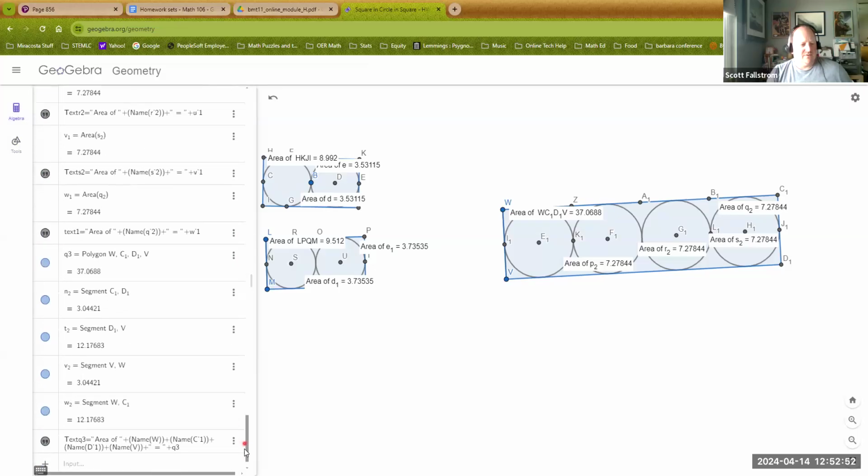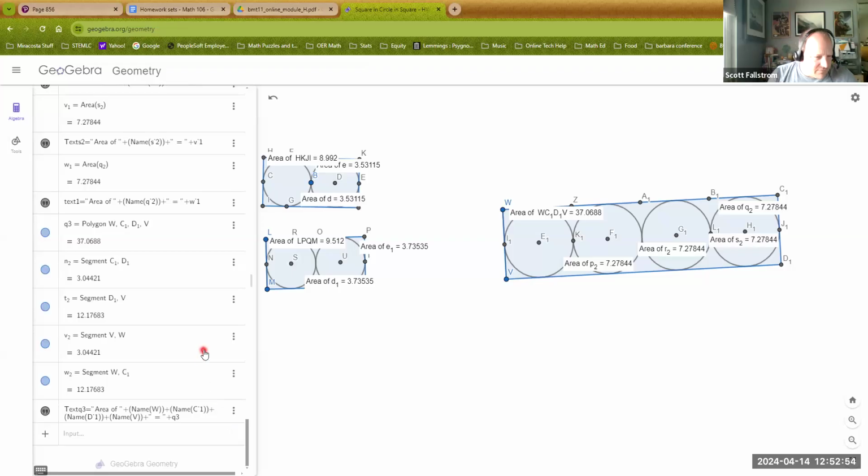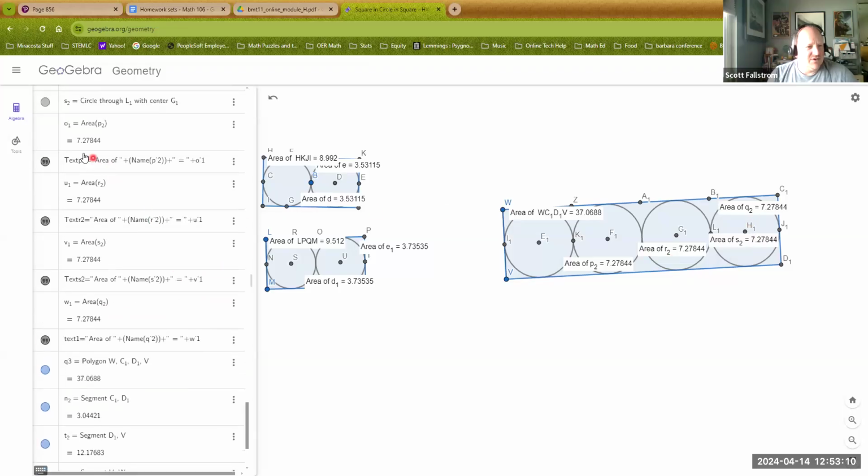So let's see here. What do I have here? I have W1. Okay, so W1 is one of the circles. Okay, so O1, U1, V1, W1. Okay, and my polygon is Q3.